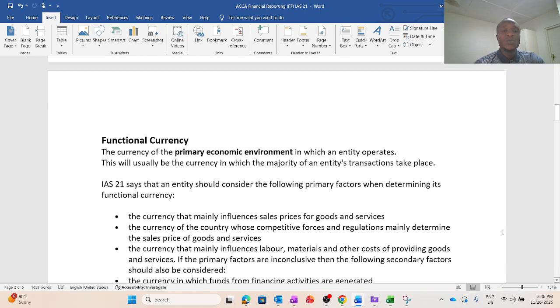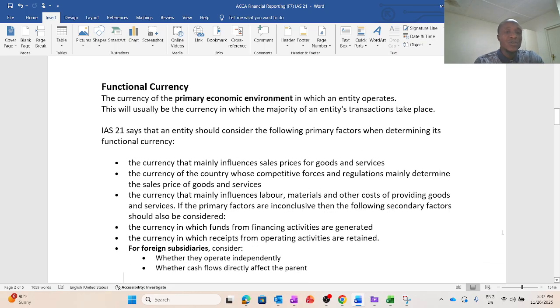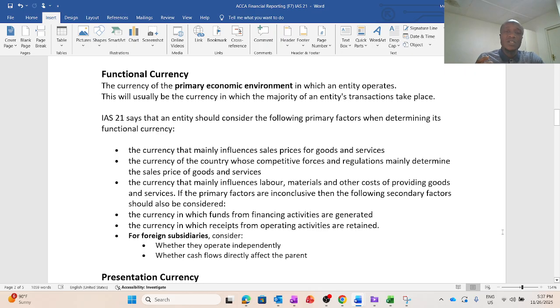A key concept that we need to understand is functional currency, especially for strategic business reporting students, because mostly when IAS 21 is tested, you as a student need to be able to identify which currency of the company should be the functional currency or the presentation currency.